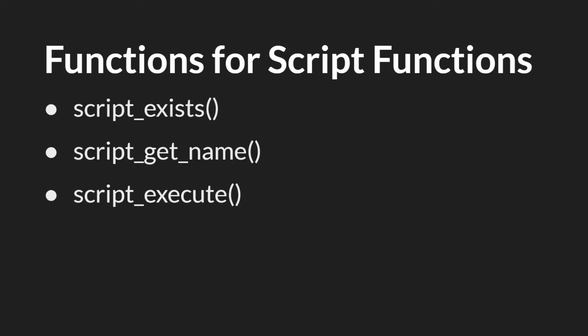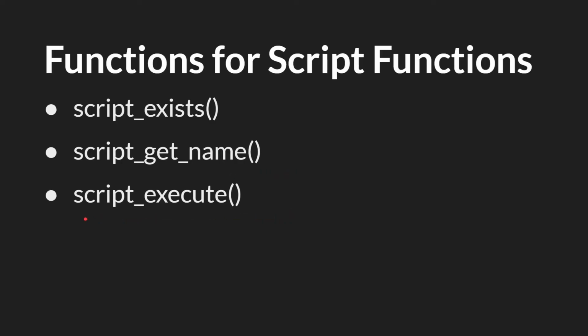Last and probably least, we have a couple functions that exist specifically for script functions. These will not work for method variables, but you have script exist. This tells you whether or not a script function exists. Script get name. You give this built-in function the resource ID for your script function, and it will give you the string version of that resource ID. This one can be useful in certain circumstances, and it's important to note that it works on script functions, not script assets.